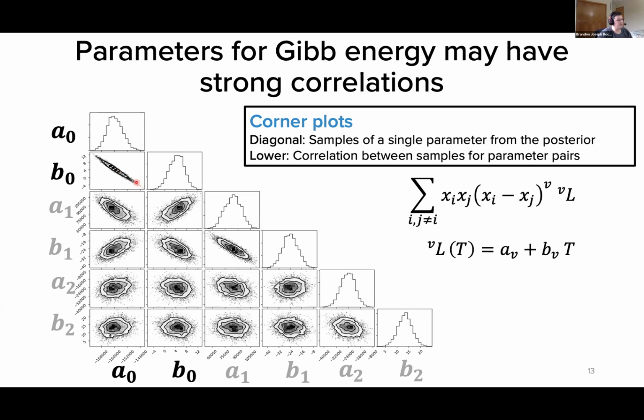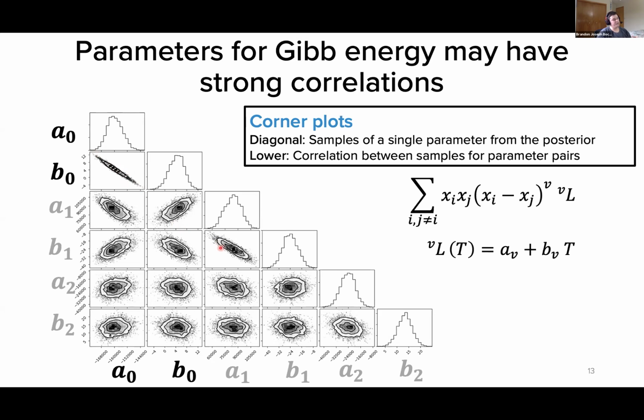And that shouldn't be a surprise to us as CALPHAD modelers, because if you imagine that you have one correct Gibbs energy that is going to give you the most optimal fit, then there's an infinite combination along this line of A plus BT that's going to give you that exact same Gibbs energy. No matter what A is, you can always choose a B that gives that energy. And so that's where this correlation comes from.